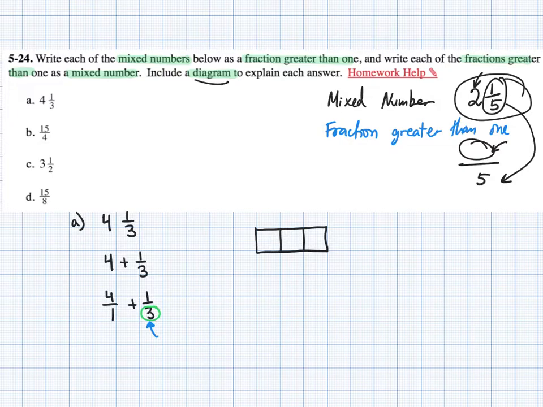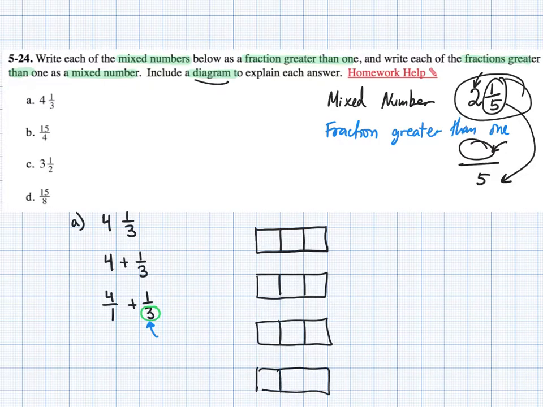And I need to draw 4 of them. I could draw them next to each other or separate. Actually, separate is not going to confuse me. So one whole, and then 2, 3, 4. So to make them a whole, we need to shade all of them. So that's 4 of them.